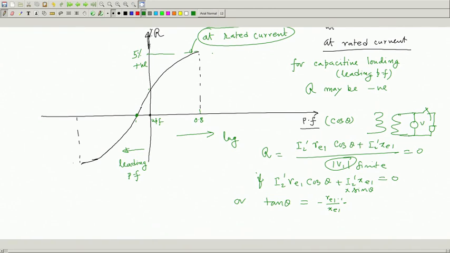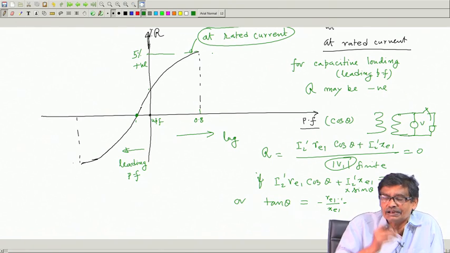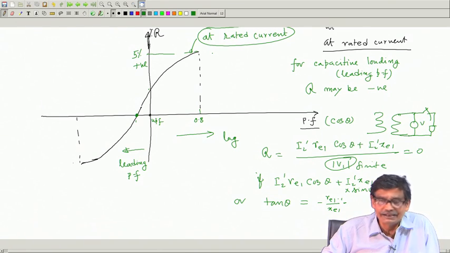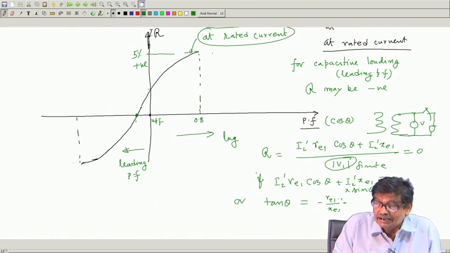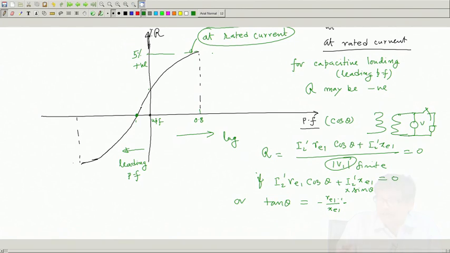In case of a DC source with internal resistance R, regulation will always be positive, the voltage will always drop. But a transformer giving you AC supply, you can choose a load power factor.